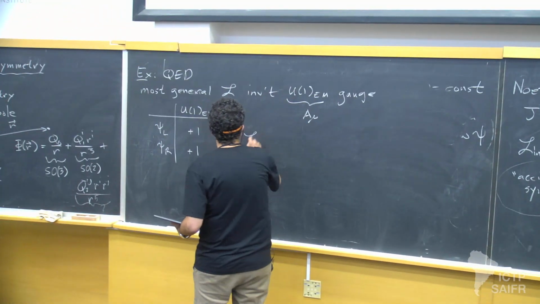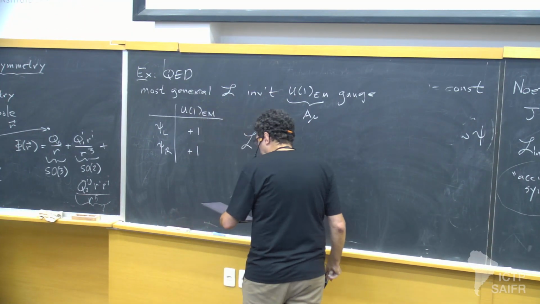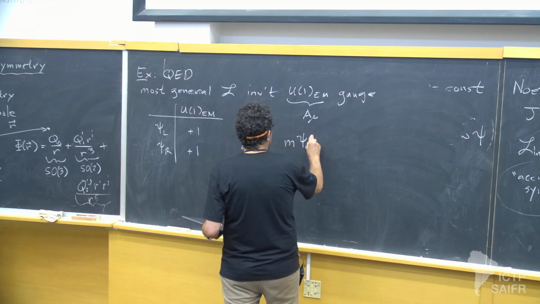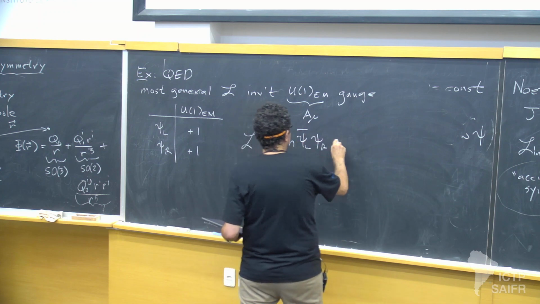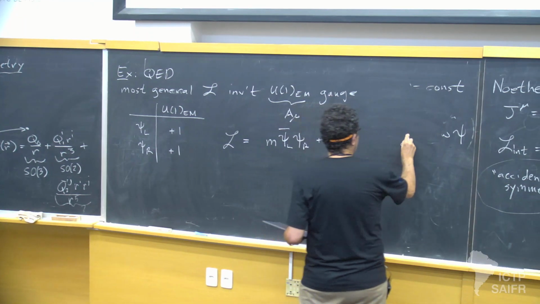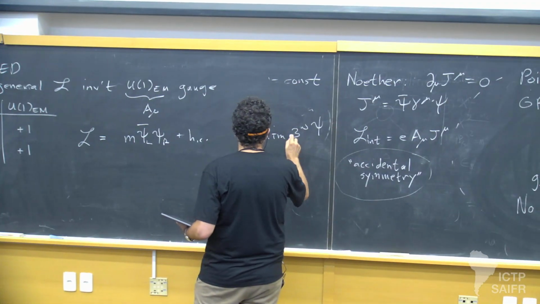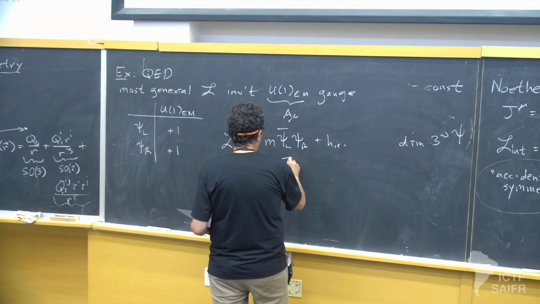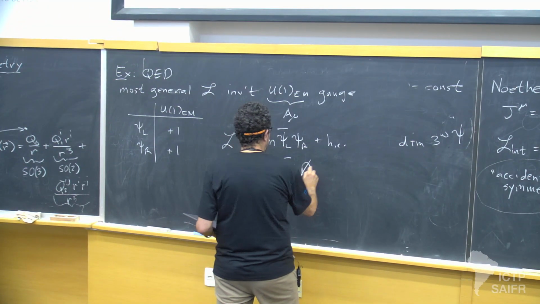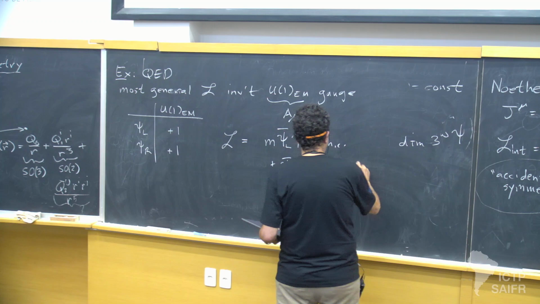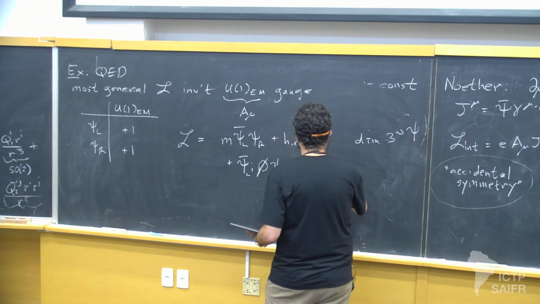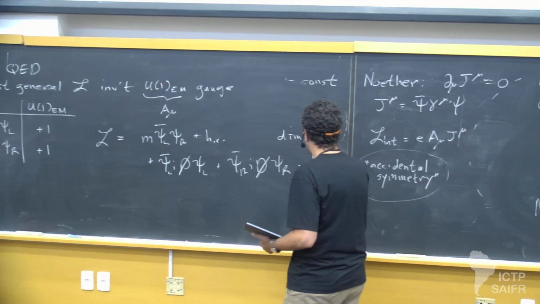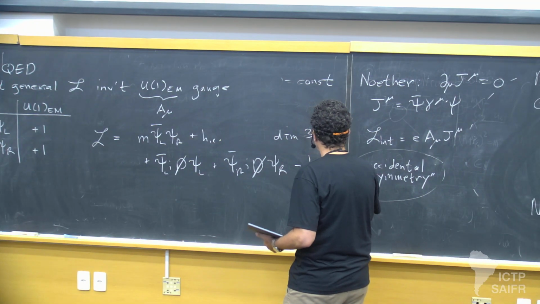Okay, so let's just write down what we can, and we can write down a relevant term, which is a mass term. Okay, so this has dimension 3. It's a relevant term. Then we can write down some dimension 4 terms. Okay, we can write down a kinetic term for the left and the right-handed guys. Okay, and we can write a kinetic term for the gauge fields.